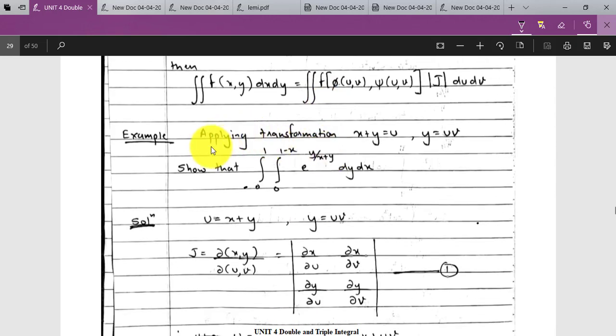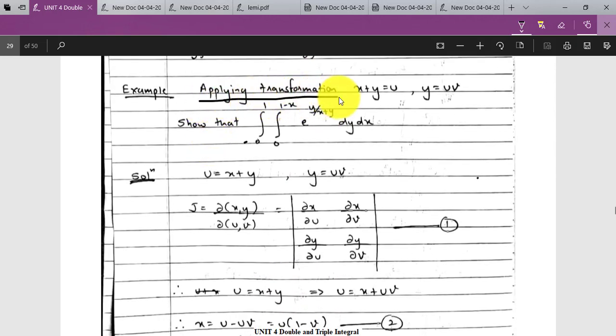Here what is said, applying the transformation, the given equation is x plus y is equal to u and y is equal to uv. So x plus y is expressed as u and y is expressed as uv, and show that the given integral, from 0 to 1 and 0 to 1 minus x, of e power y by x plus y dy dx.